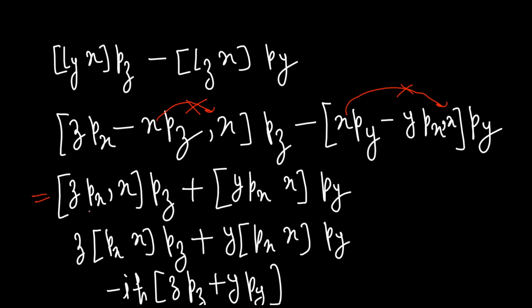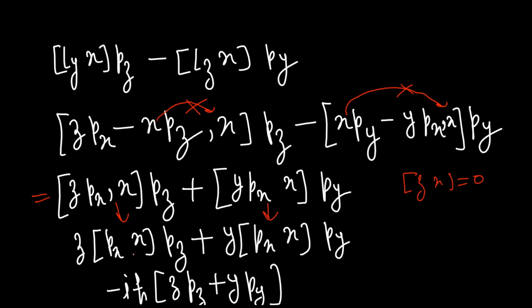Now open these two terms. This will become z px comma x pz plus px z comma x, so the commutator bracket of z, x will be 0 and will not survive. Similarly, y, x will not survive. So you will get z px comma x into pz from the first bracket, and the second term you will get from the second bracket: the only term that survives is px comma x into py.